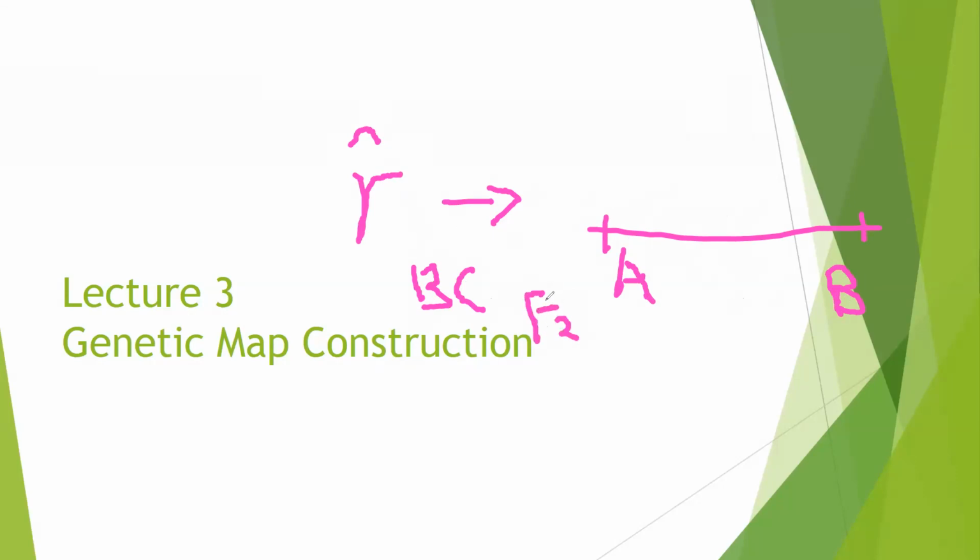I hope you still remember how we can design a backcross or the F2. Based on the data, we can easily calculate the R hat for these two, and this is a measure of the genetic map distance between these two loci, right?